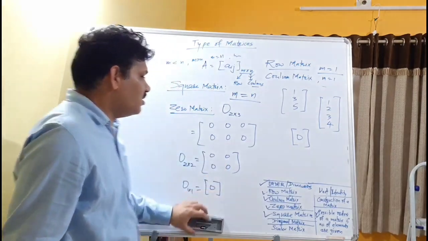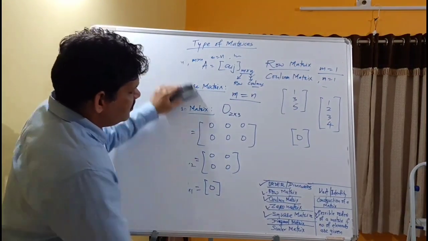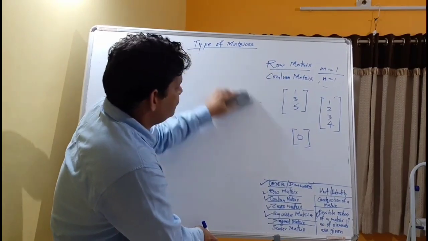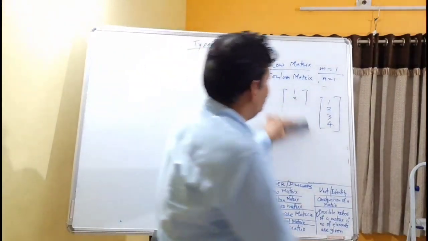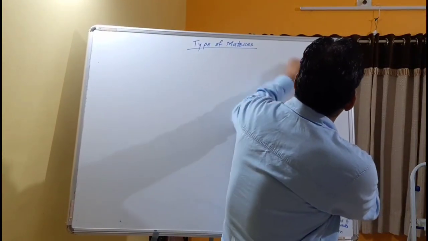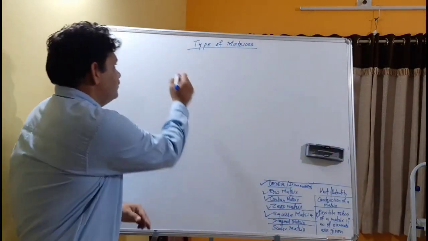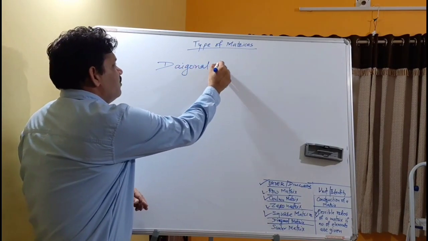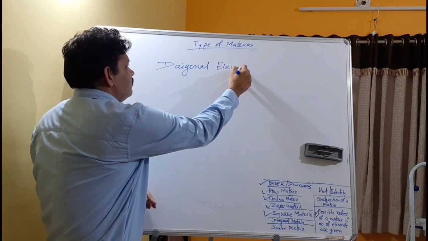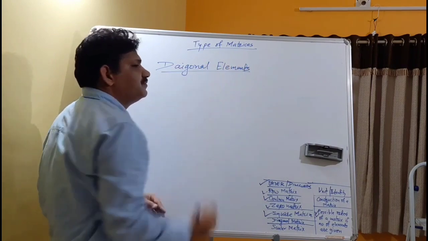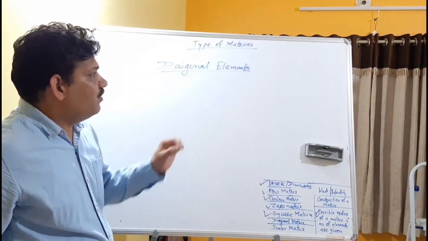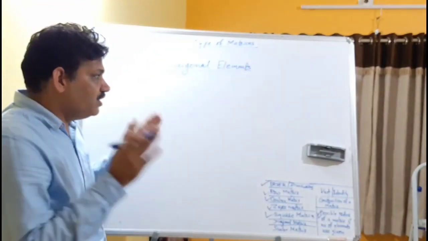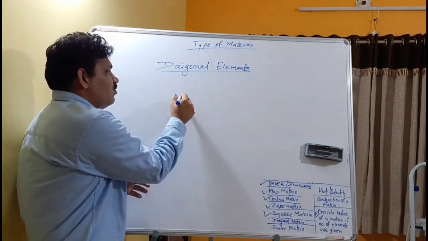To understand diagonal matrix, scalar matrix, unit matrix, we must learn one new thing, that is diagonal elements. See, when we talk about diagonal or diagonal elements in matrices, we are talking about a square matrix.